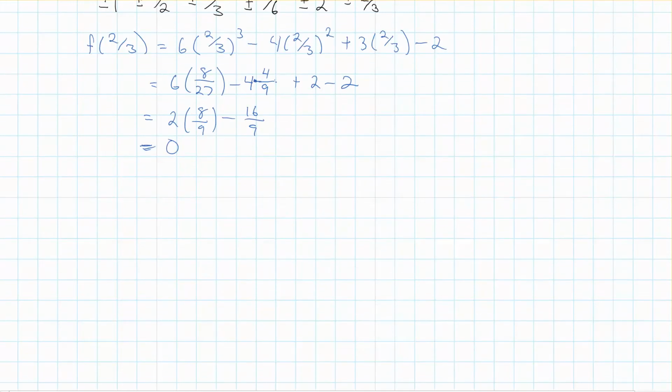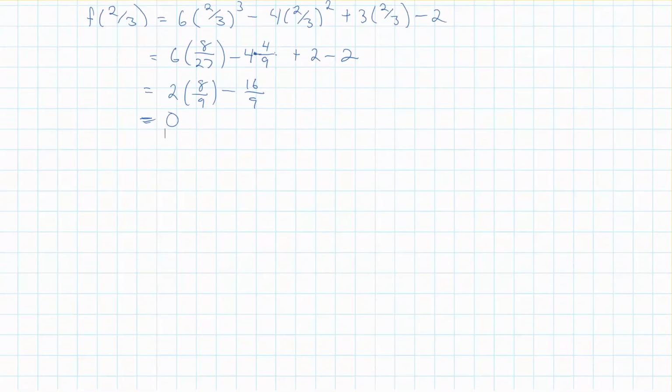Then we could go through the long division, which I am going to skip. We've done several long divisions at this point. If you do the long division out, you'd get f of x is equal to x minus 2/3 times 6x squared plus 3.